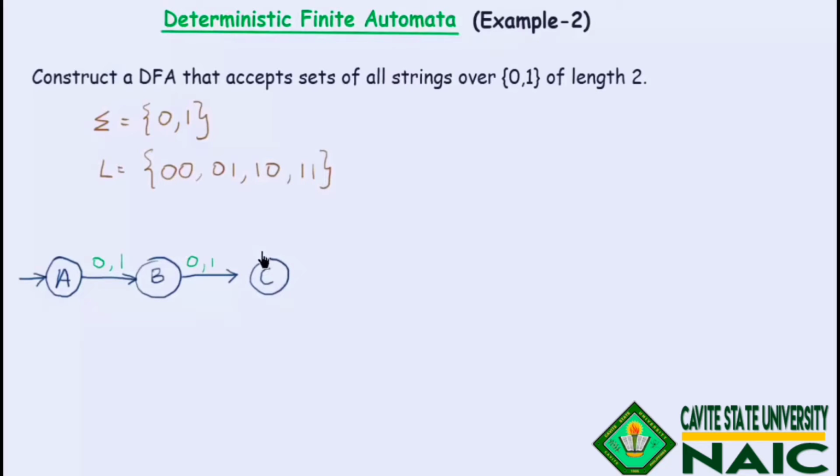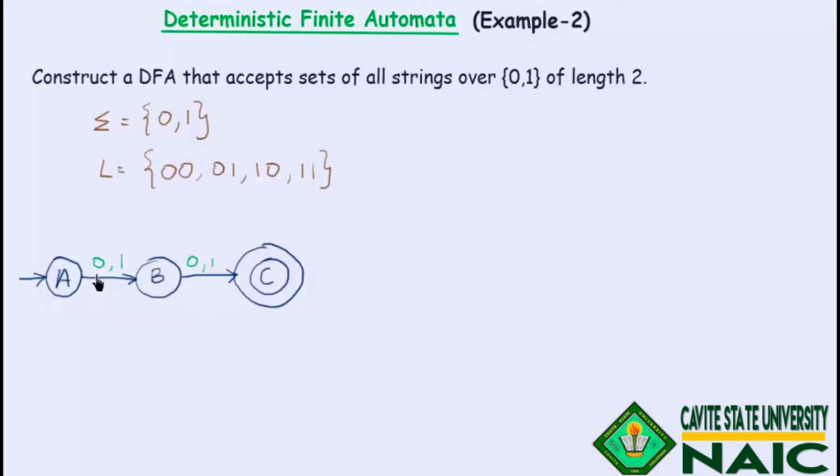If the length is 2, that should be the final state. So I put a double circle around this C, indicating that this is the final state, or accepting state.